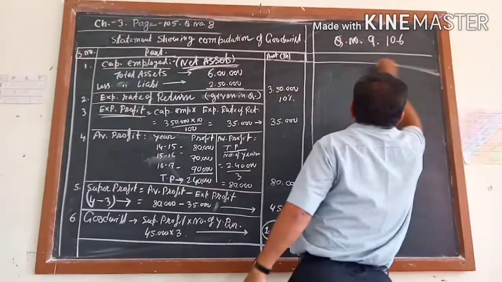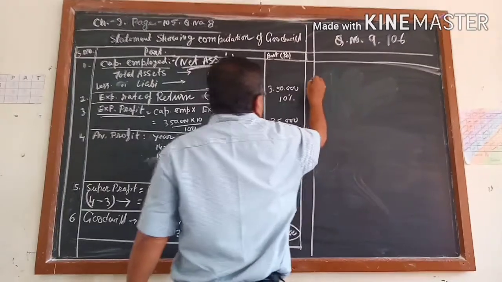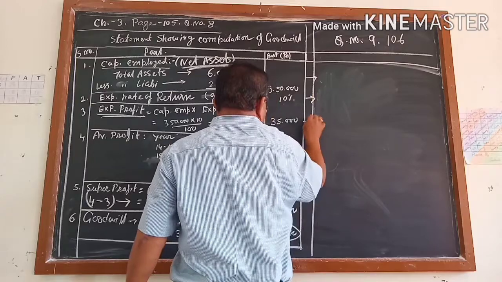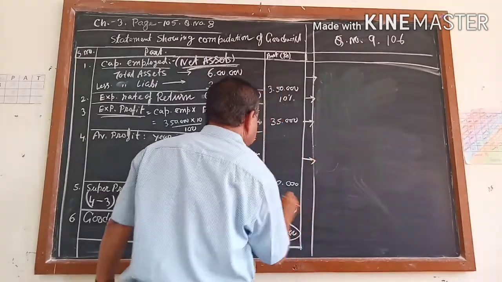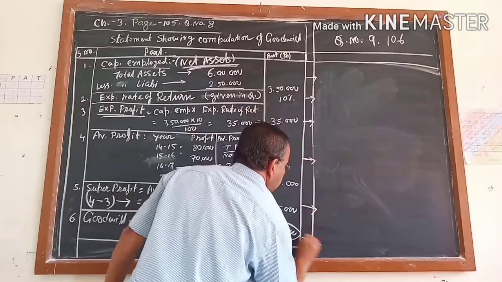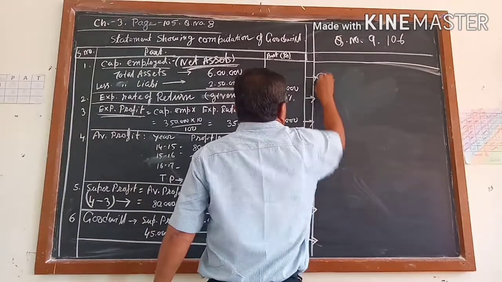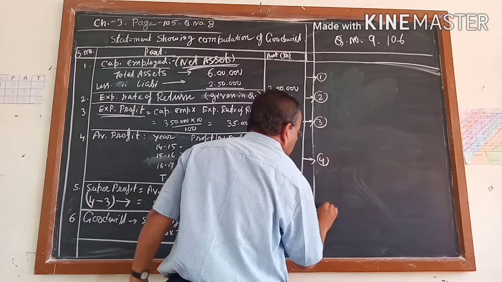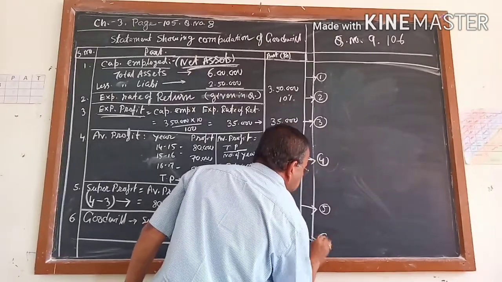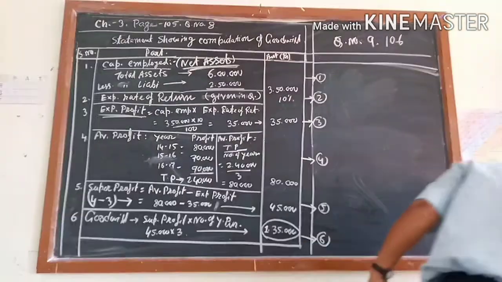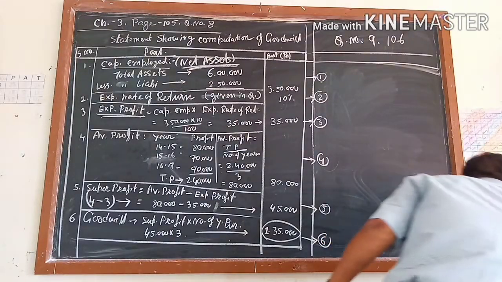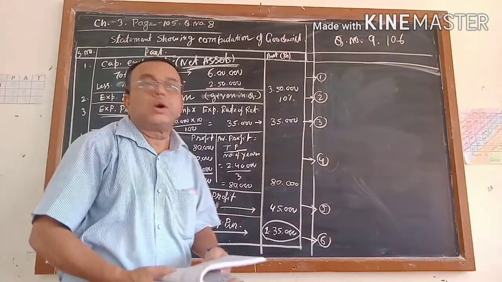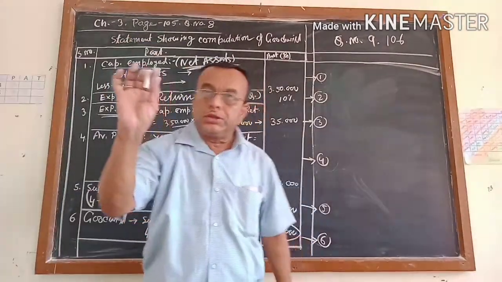I do not want to write all of this, only I will write the figures here. 1, 2, 3, 4, 5 and 6. These 6 steps I want to explain. Whatever remaining things you have to write, that is the same. So once again I am writing only the figures.